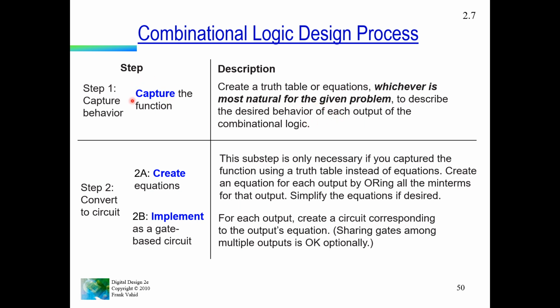If we capture the desired function by drawing a truth table, in the second step we need to create Boolean equations so that we can represent the circuit as Boolean equations. And then at the last stage, we implement these Boolean expressions as a schematic or using a hardware design language like VHDL or Verilog.